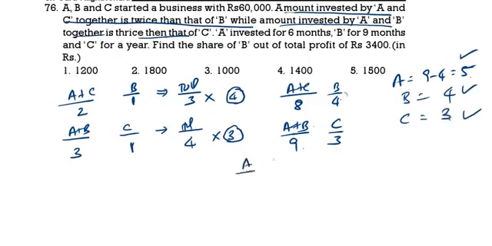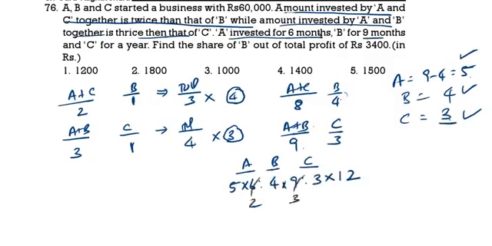Now A invested 5 parts for 6 months. B invested 4 parts for 9 months. C invested 3 parts for 1 year. Again, if you do the calculation, 3 2s, 3 3s, 3 1s, that is 10 is to 12 is to 12, or 5 is to 6 is to 6.